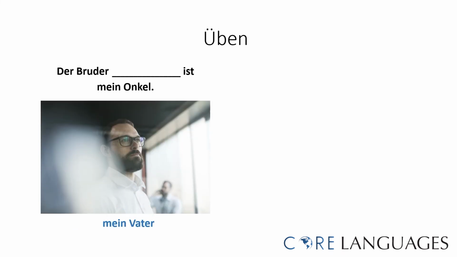And now look at these examples that have the genitive case. Der Bruder ist mein Onkel. The noun in the genitive case is mein Vater. The brother of my father is my uncle. The correct sentence is, der Bruder meines Vaters ist mein Onkel.